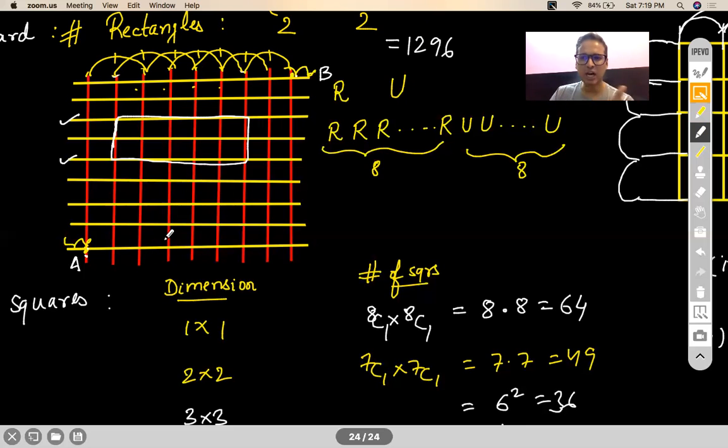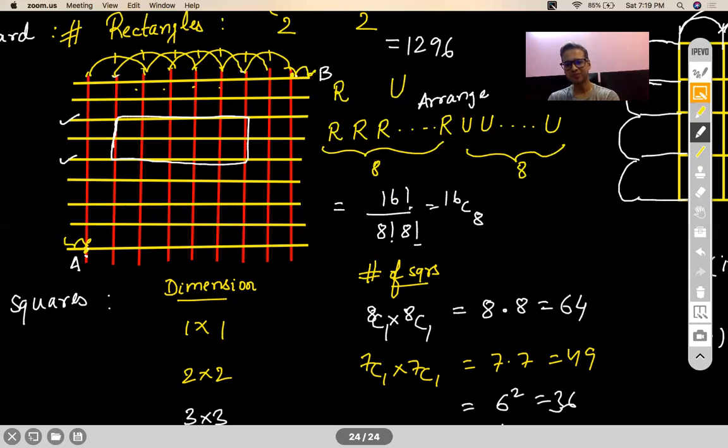The order in which he chooses R and U is up to him, but he can only choose 8 R's and 8 U's to go to B. So the number of ways in which you can arrange 8 R's and 8 U's among themselves is the number of paths he can take. So your answer would be 16 factorial by 8 factorial 8 factorial. You can also say 16C8. Is this fine? Any questions? Any concerns?